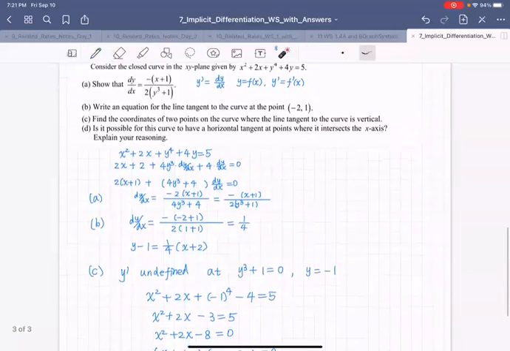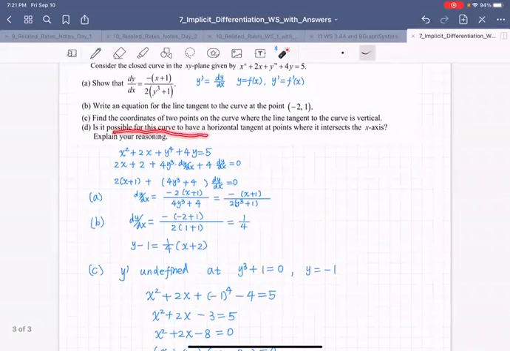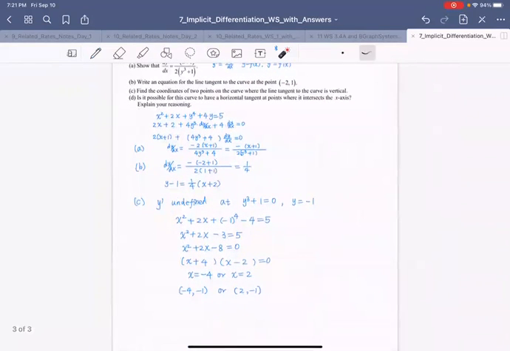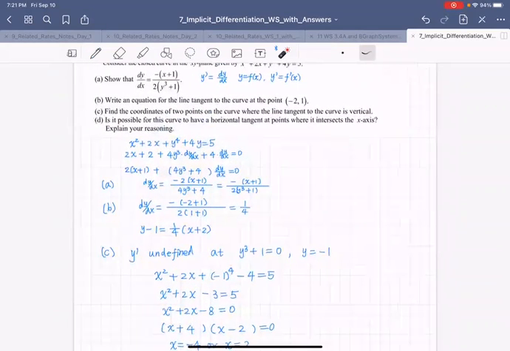Okay, last one. Is it possible for this curve to have a horizontal tangent at points where it intersects the x-axis? So we want to find a horizontal tangent line. If we want a horizontal tangent line, we want this to be 0, correct?